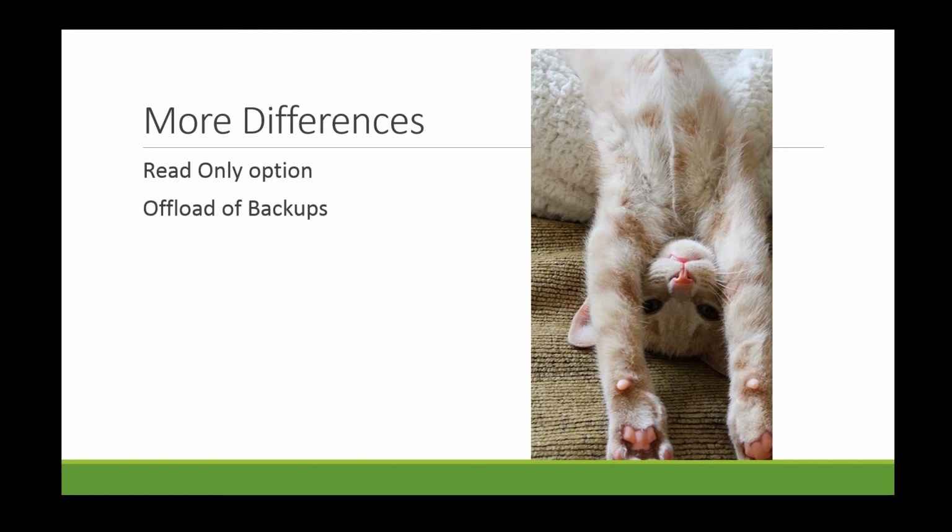The other thing we can do is offload backups. So if my application is running against node 1, but I'm performing backups pretty frequently, even if it's only once a night, my server actually gets hit constantly.